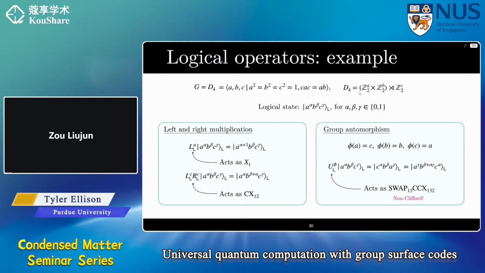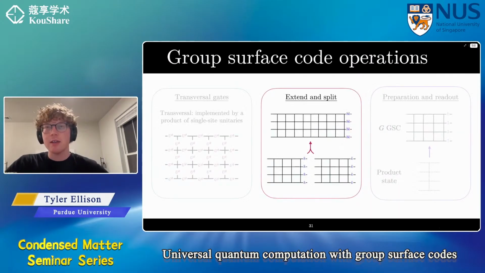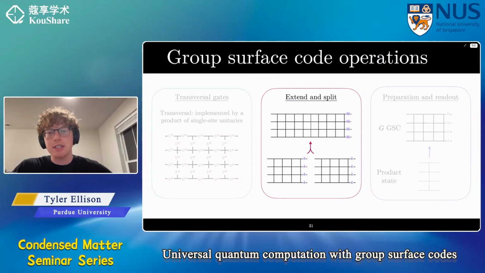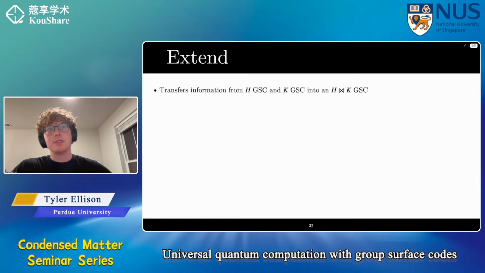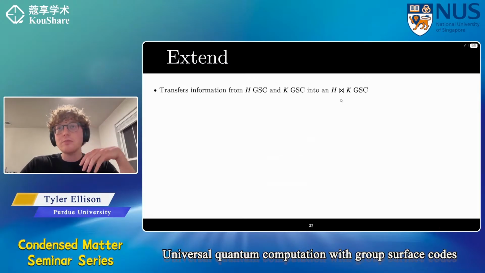Even more interesting, so what it does is it takes the element A, maps it to C, B gets mapped to itself, and C gets mapped to A. Now applied to a logical state, it'll just swap A and C. That's what I've done here.